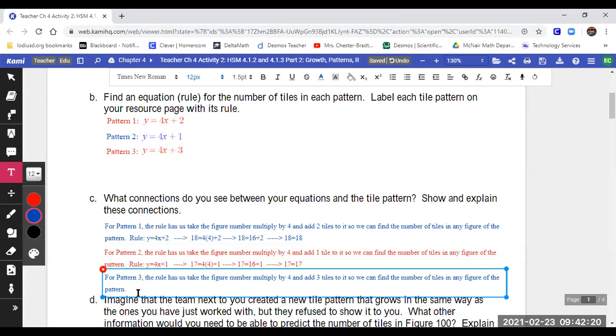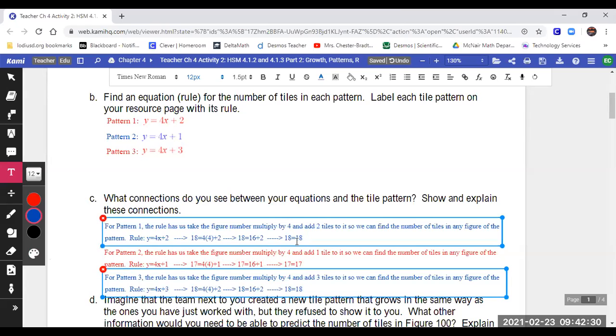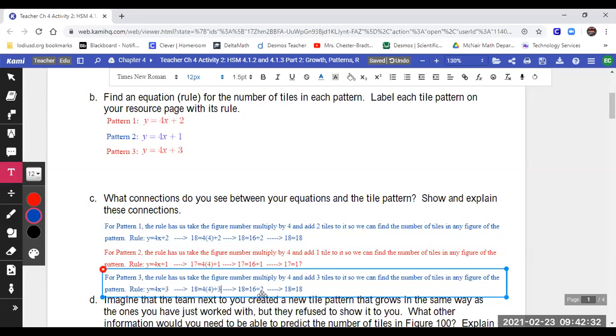Third one was a plus 3. So how many was in figure 4 for the third pattern? I know I have to add 3 here. How many were in figure 4 of pattern 3 yesterday that you did on your own outside of class?